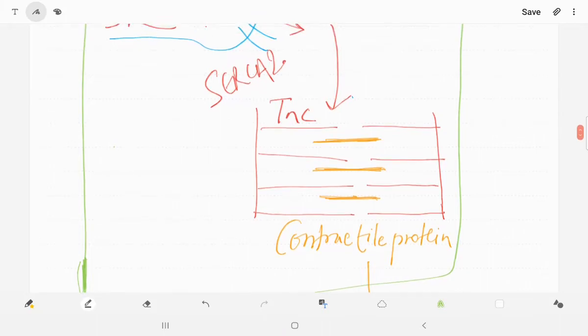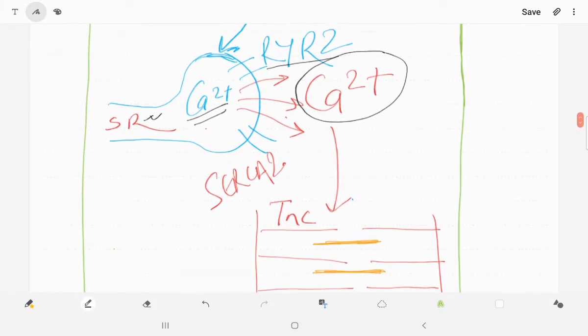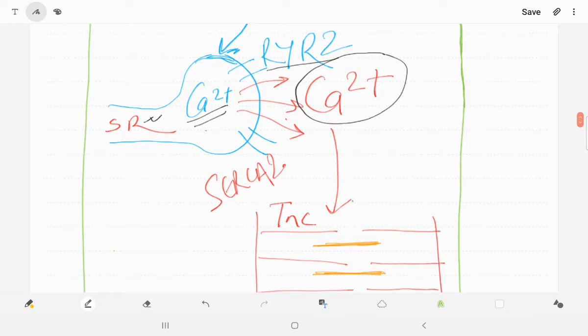So what happens after contraction is, sarcoplasmic endoplasmic reticulum calcium ATPase type 2 gets activated, which pumps this calcium back into the sarcoplasmic reticulum for storage.